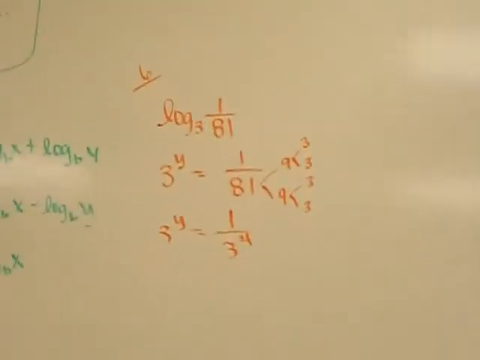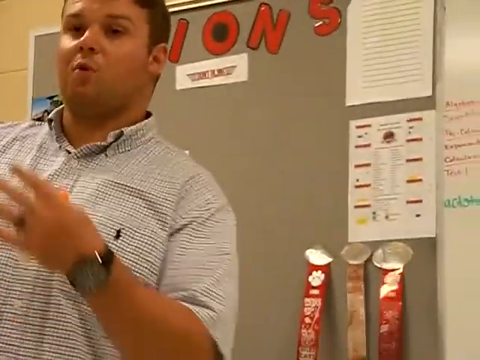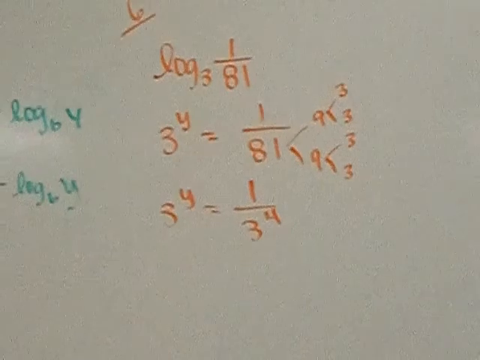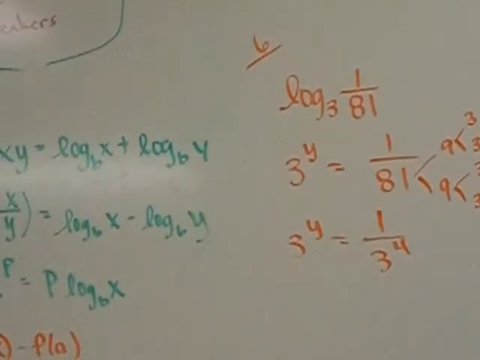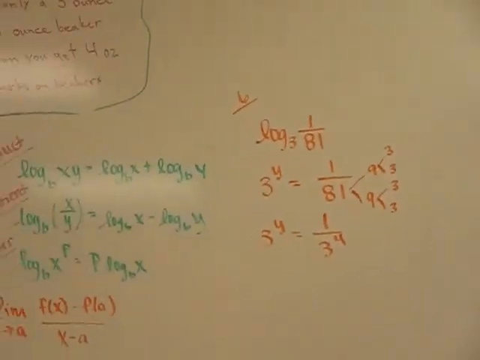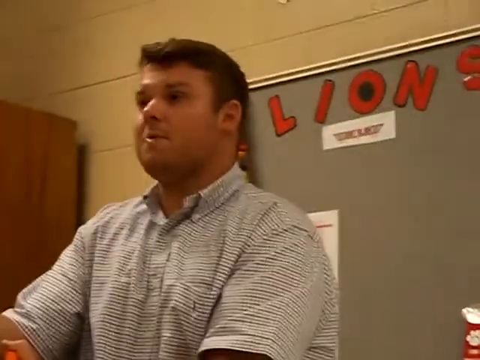But I can't drop the bases right now because that 3 to the 4th is in the denominator. So how do I take that 3 to the 4th in the denominator and put it in my numerator? What rule do we know? The power rule? No, quotient rule. Not necessarily. It's a rule about exponents. What if we made this negative?